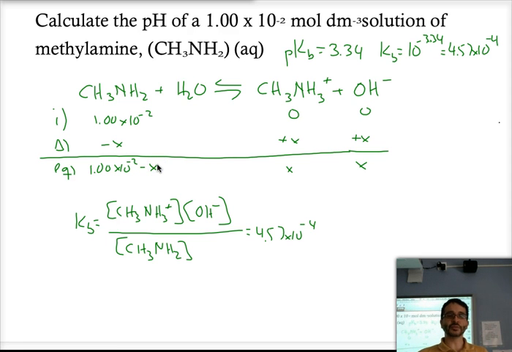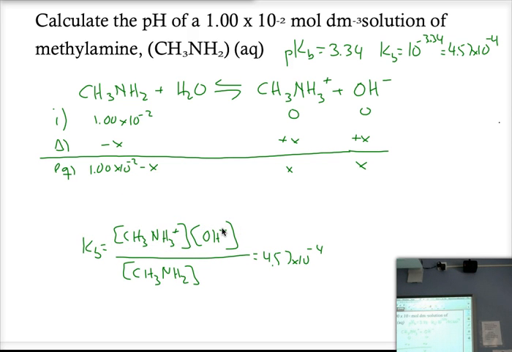And again, in this particular case, because the value of Kb is relatively small, even though it's not quite 10 to the negative fifth, we're still going to go ahead and use the assumption. So we can enter the values into the equation.